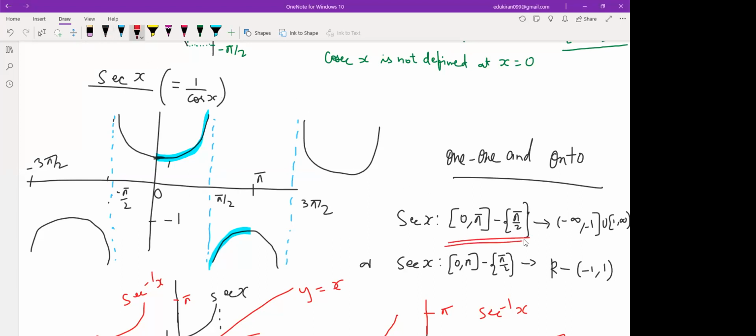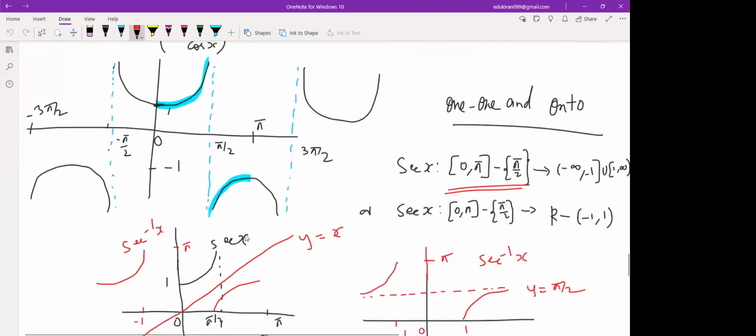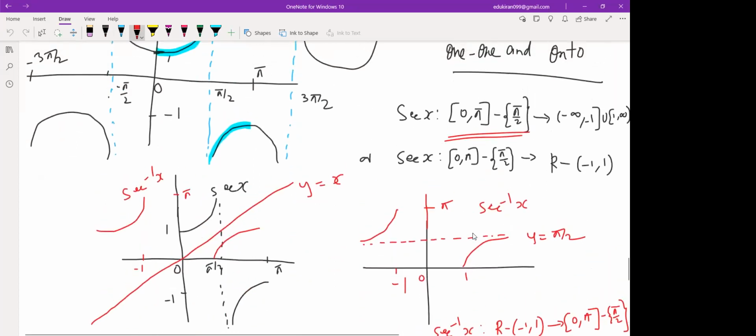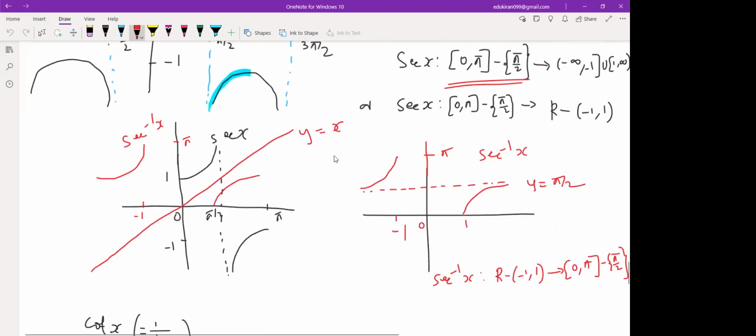This region is the principal value region, the shaded area which I have highlighted. And then from there, we got sec inverse x, which is the mirror image about the y equal to x line. So in sec inverse, what was the output there is the input now, and what was the input there is the output now. And the rest is the graphical part.